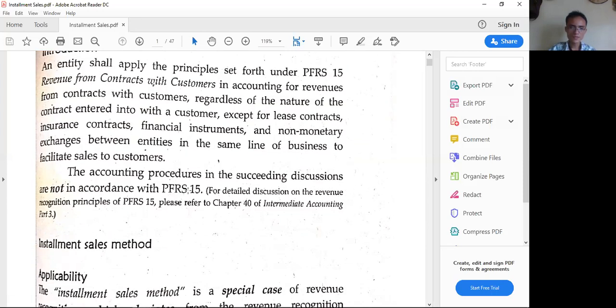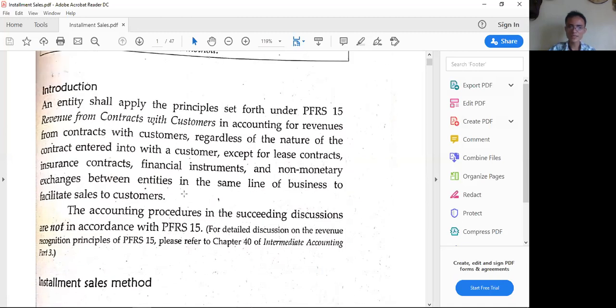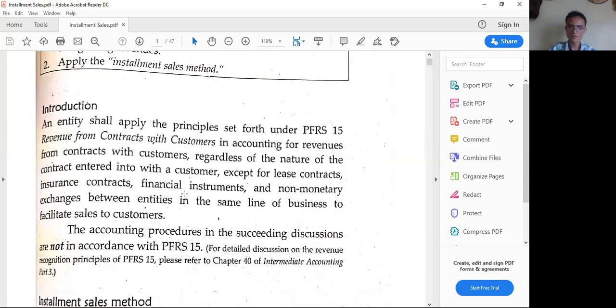So take note that in installment sales method, we deviate from PFRS 15. So the concepts to be tackled here are not the specific guidelines under PFRS 15. Instead, these are modifications or deviations, meaning we put an X mark to PFRS 15 and we talk of other things.